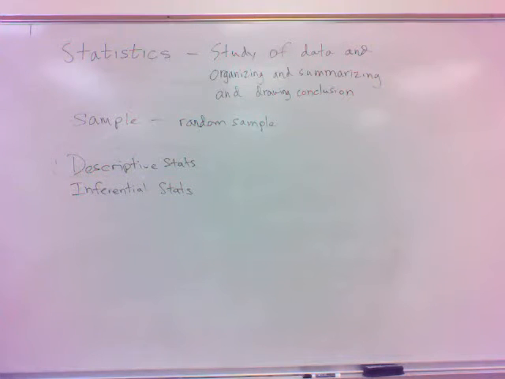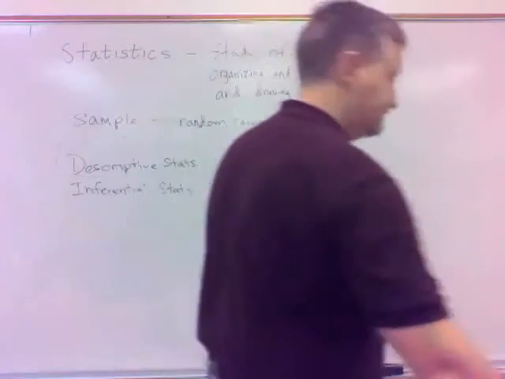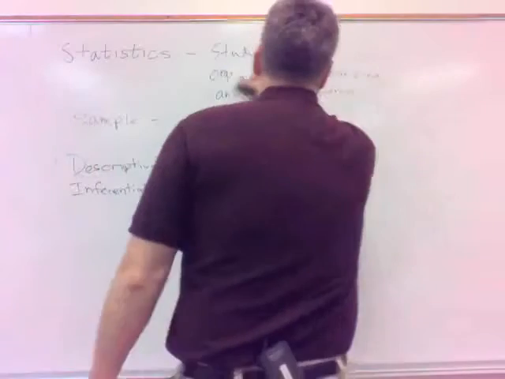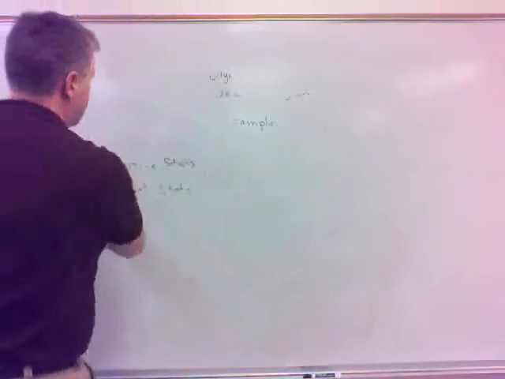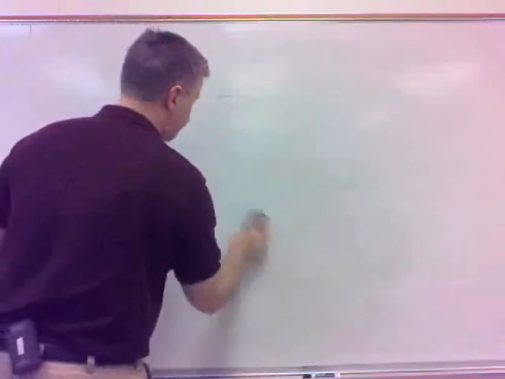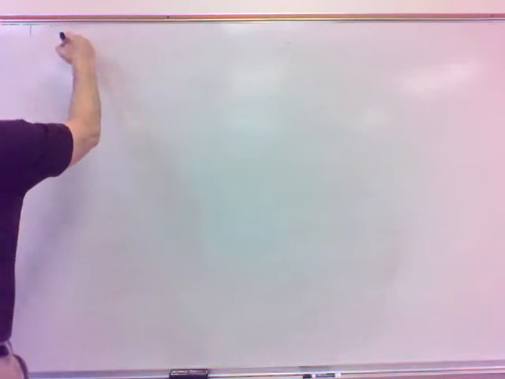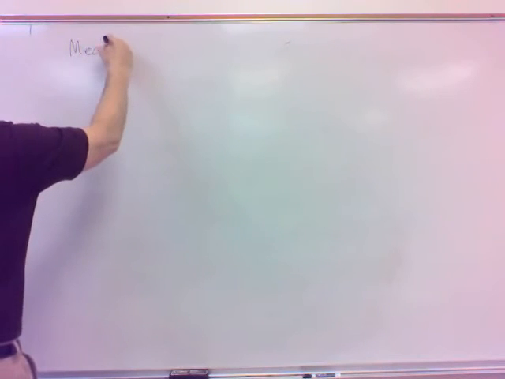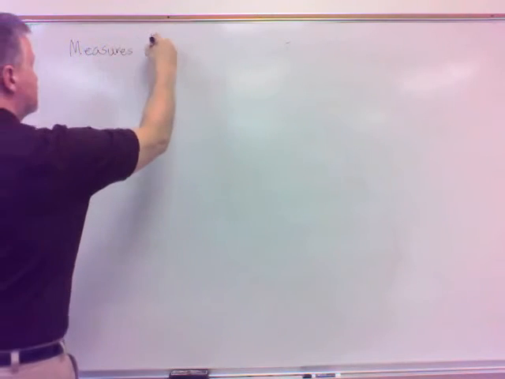Okay, all right. Where we start is with what are called measures of central tendency. These are, again, descriptive statistics, and we'll group them in categories.